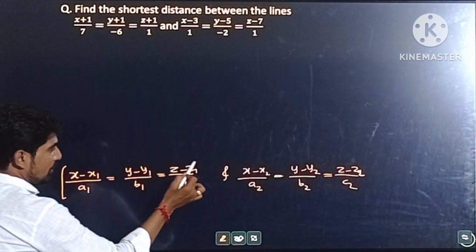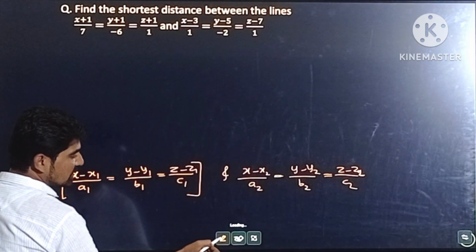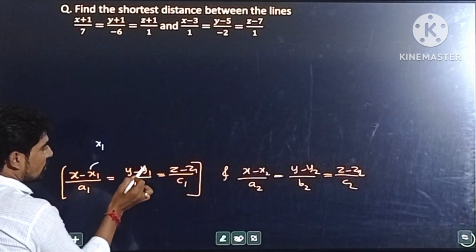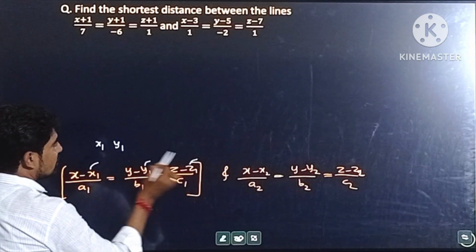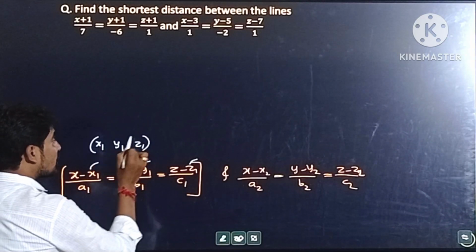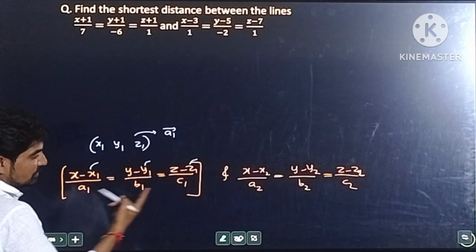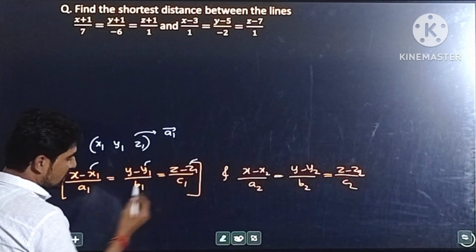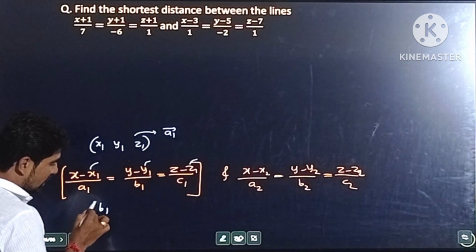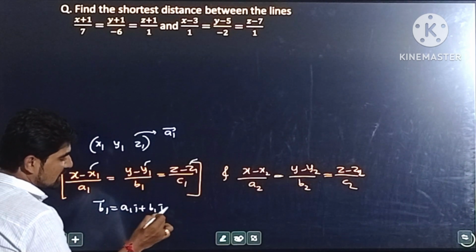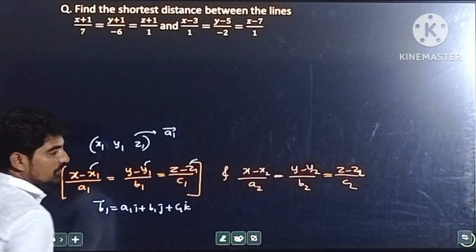this first line passes through the point x1, y1 and z1, and its corresponding vector is a1 vector, and the direction ratios of the first line are a1, b1, c1, and its respective vector is b1 vector, which is equal to a1i plus b1j plus c1k.